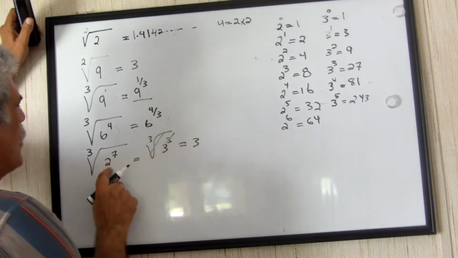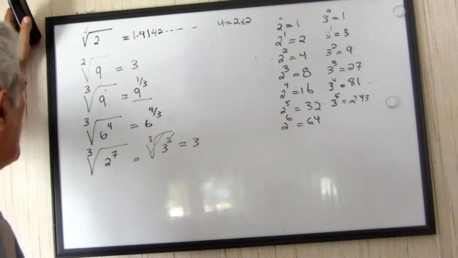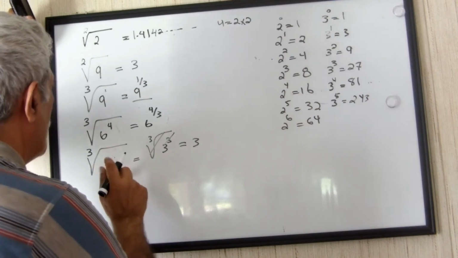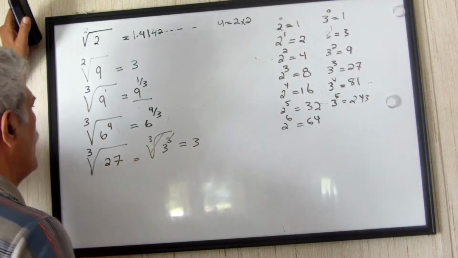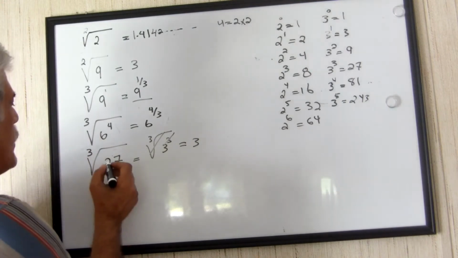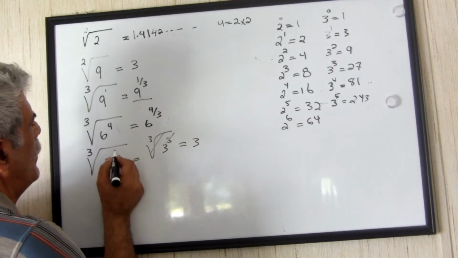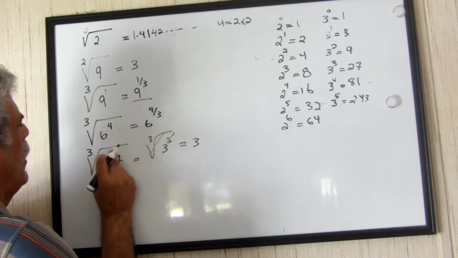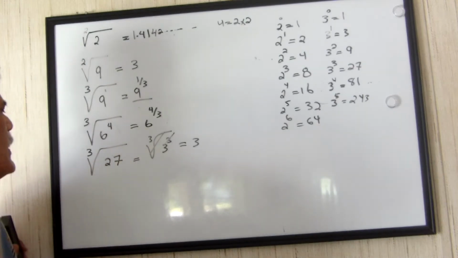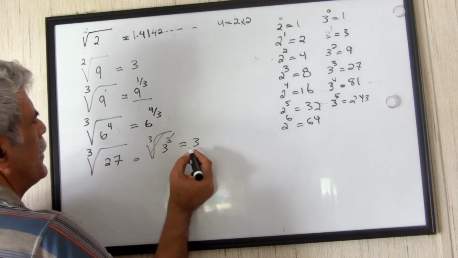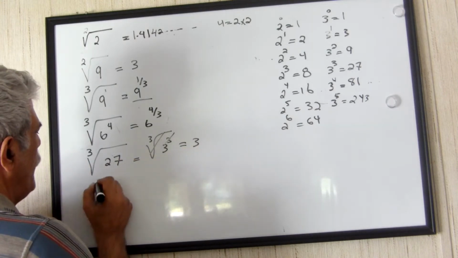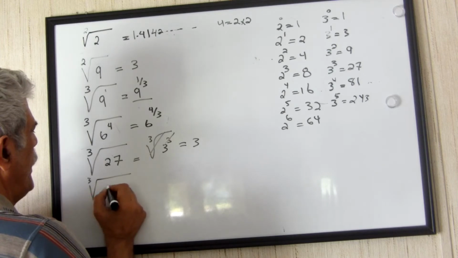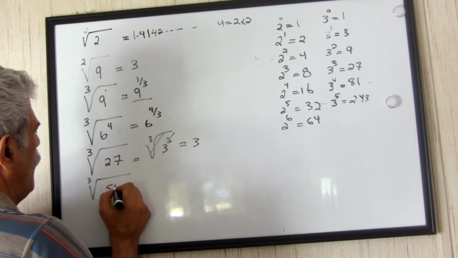So the square root of the cubic root of 27, I said 27, not to the power of 7, this means power. The square root of this is going to be 3. How about if this one is 54?